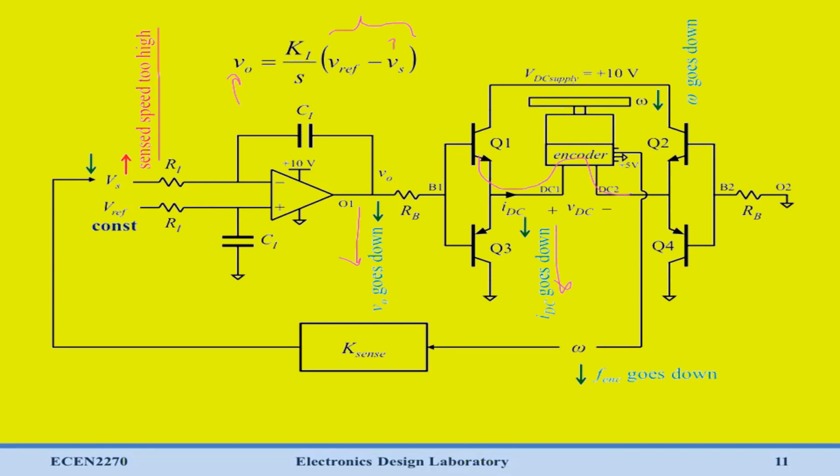IDC is going down, which in turn slows down omega. And as omega slows down, our encoder frequency goes down, which reduces Vs. And this is just going to continue happening in this loop until Vs is equal to Vref, error signal is 0, and VO has reached a new steady state.